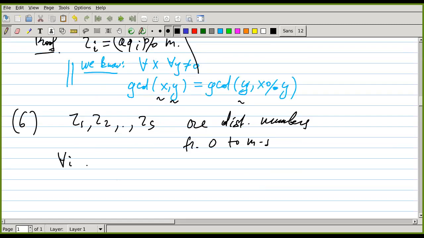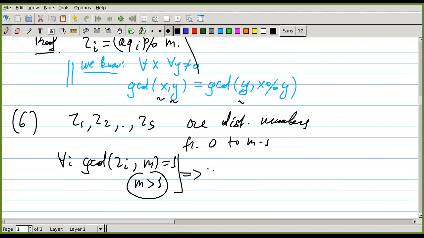And I know that each of these numbers is co-prime to m. We know that m is greater than 1. Can 0 be co-prime to m? No. Is it clear? You know, 0 is divisible by m, but m is greater than 1. So 0 cannot be co-prime to m. Is it clear?